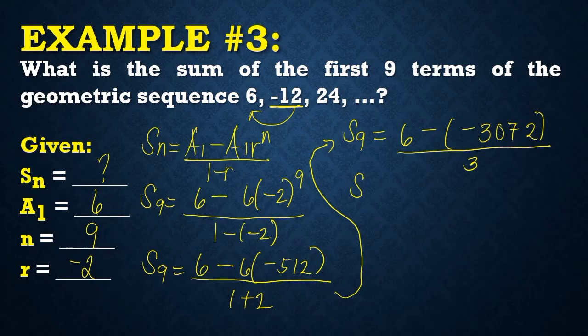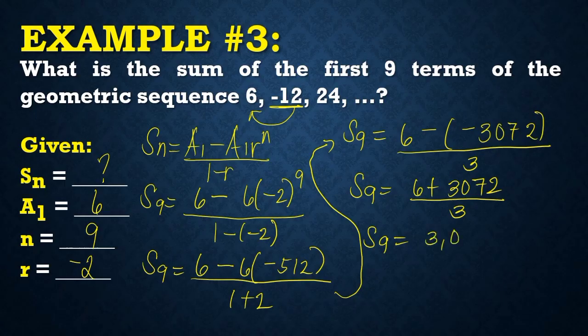Then S sub 9 is equal to 6 plus 3072 all over 3. And then we add 6 plus 3072, that is 3078. And then we divide it by 3. So our final answer will be 1026.